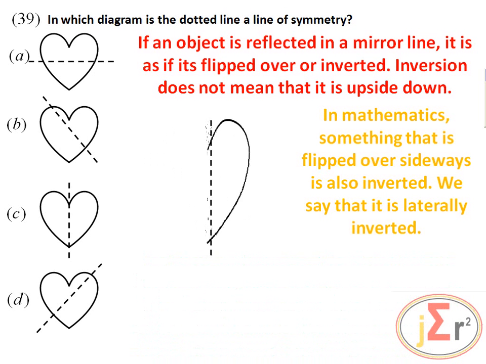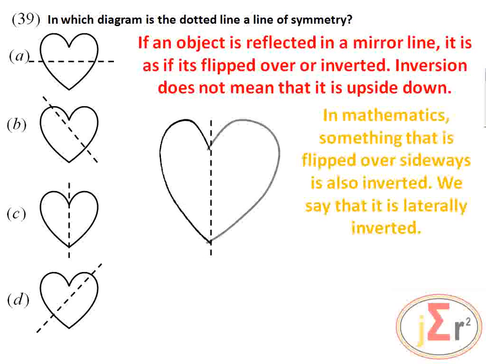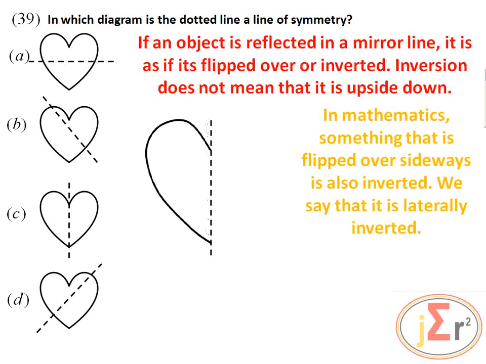So we take half of it. If half of the object can be used to generate two halves that are mirror images of each other, then we are sure that the line is a line of symmetry.